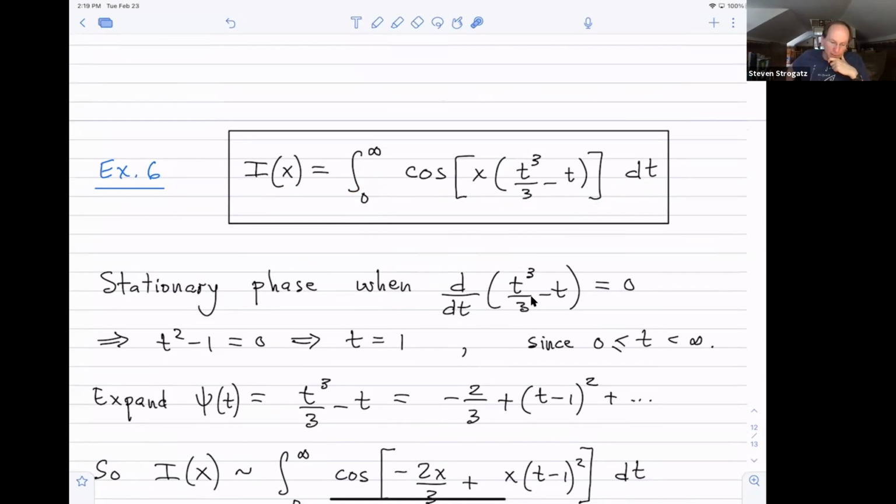But in general, you'd sum over all the points of stationary phase. You do have to check whether they give you the same asymptotic size or not. One might correspond to a second term in the expansion of the other. It just depends on the details.